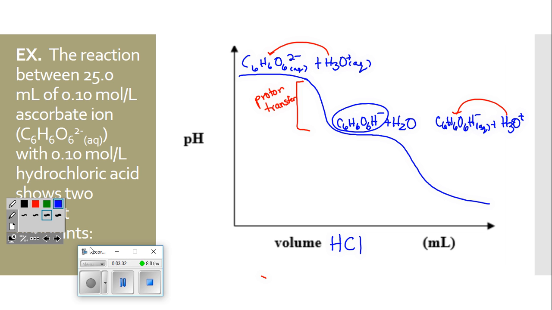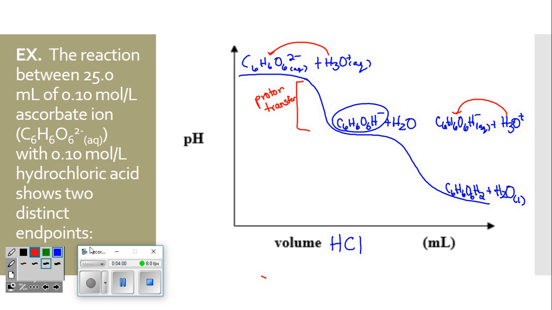And I'm left with, in the end, these two things, where I have my original base that had a 2 negative charge. It gained one hydrogen in the first section and another hydrogen in the second section.